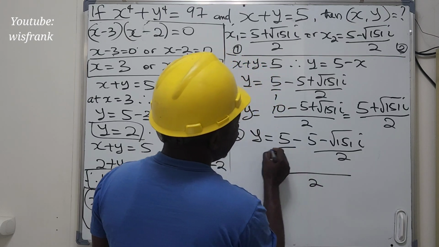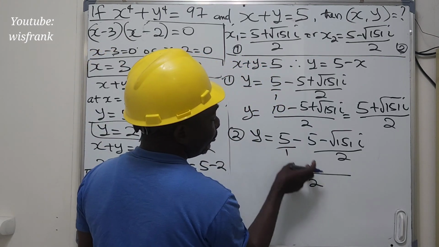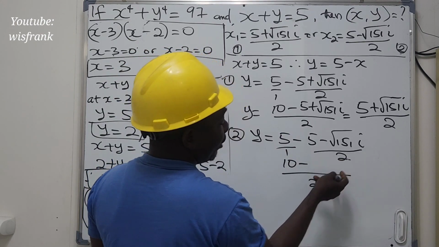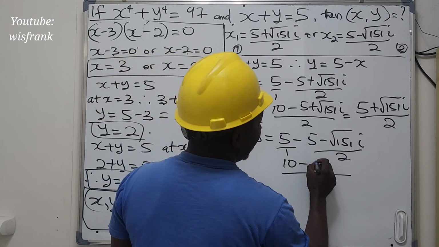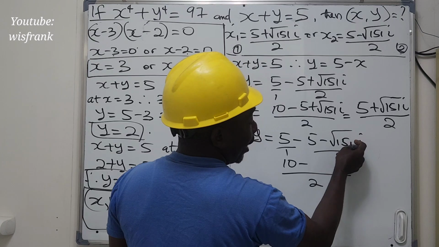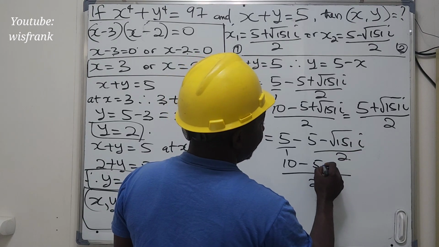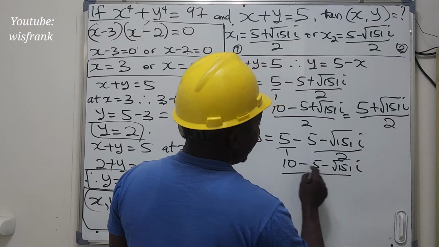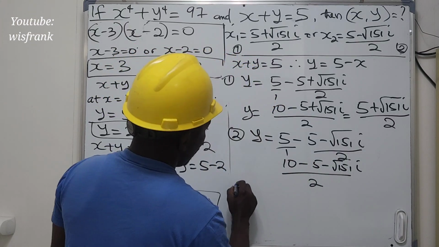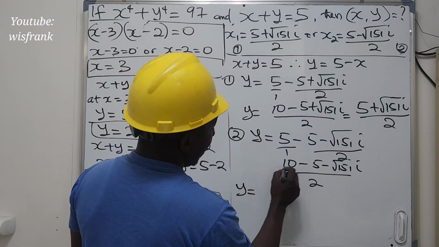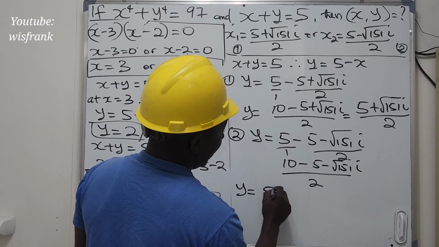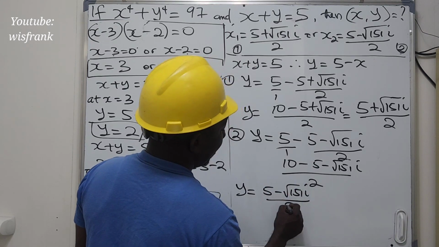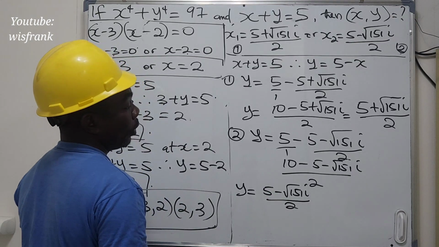So here, this is the same thing as 5 all over 1. This divided by 1 will be 2. 2 times 5 will be 10, minus this divided by 2 is 1. 1 times 5 minus root 151 i will be 5 minus root 151 i. So this is the same thing as having y equals 10 minus 5, which is 5 minus root 151 i all over 2.